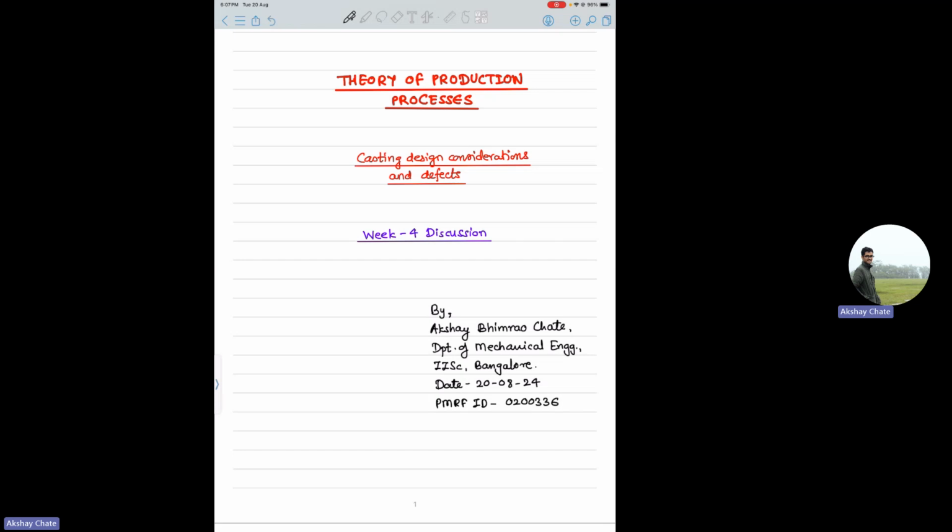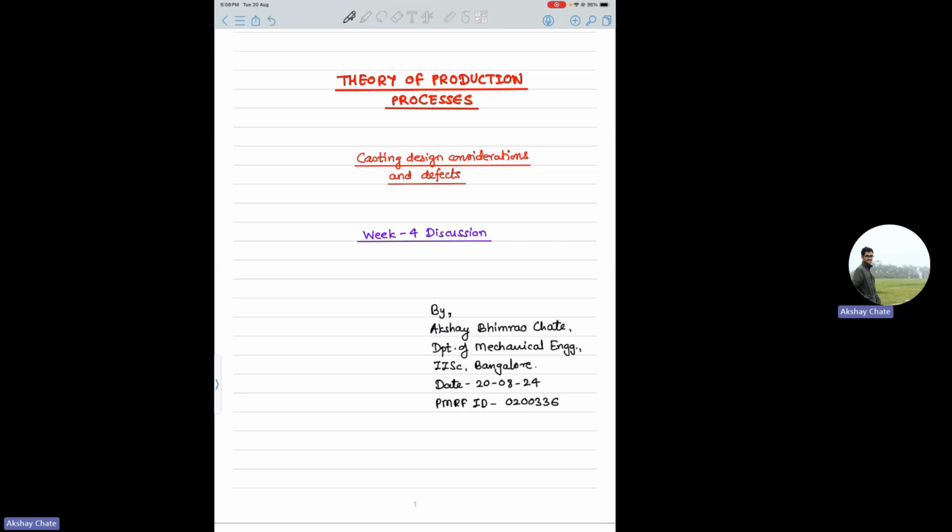And finally, we concluded with the important discussion on casting defects. Whatever you do in real life, there will always be some defects, because nothing is perfect. On pen and paper, you can solve any equation or process. You can model it or idealize it with some assumptions. But in reality, because of many uncertainties and unknowns, as well as variations in your manufacturing processes, there will be some defects.